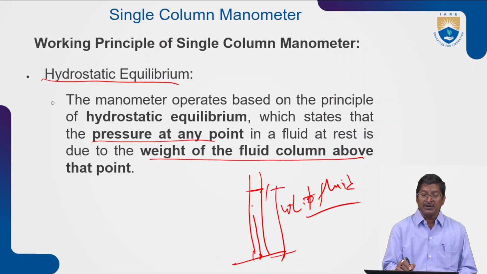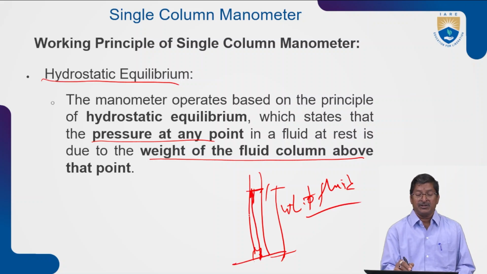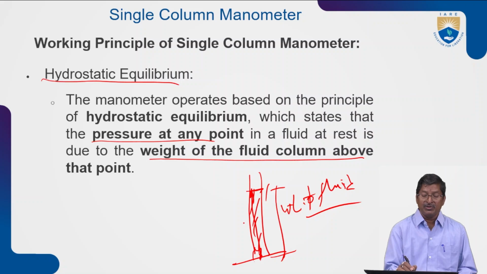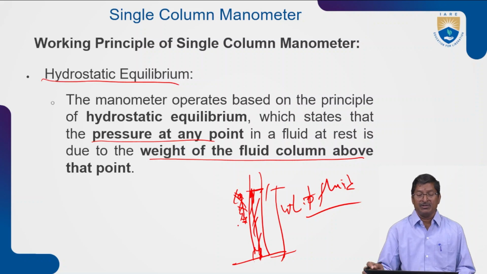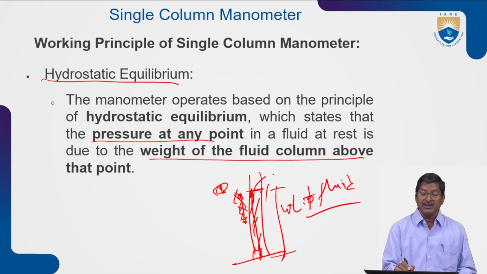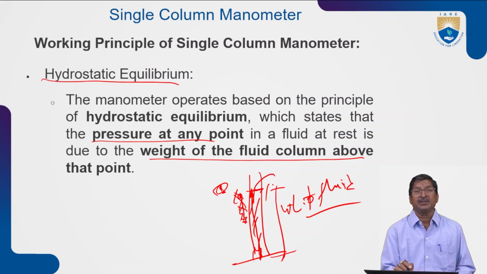From this point, how much height is there? The weight of that fluid is nothing but the pressure at that point. If you want to measure the pressure at the top point, there is no height, so that pressure will be 0. That means at the top surface of that fluid, the pressure is 0.